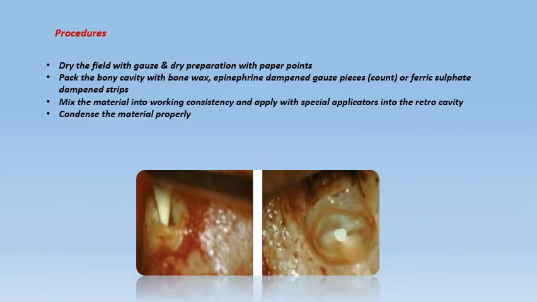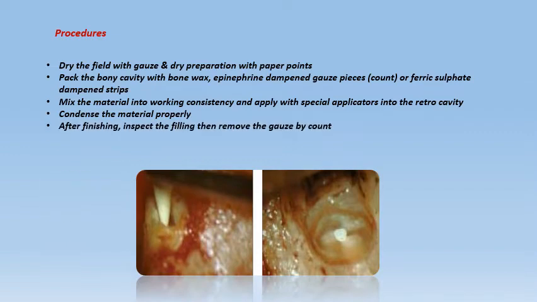Number three, I'm going to mix the material to the right consistency and apply it with special applicators such as amalgam carriers. The MTA applicator is like the amalgam carrier but smaller, which should apply it into the retro cavity, and condense the material properly with special angulated condensers.